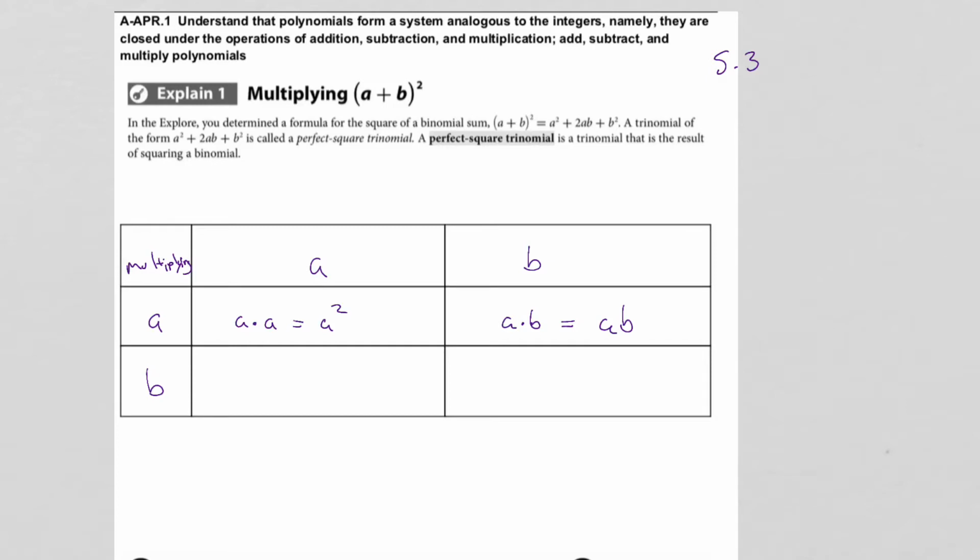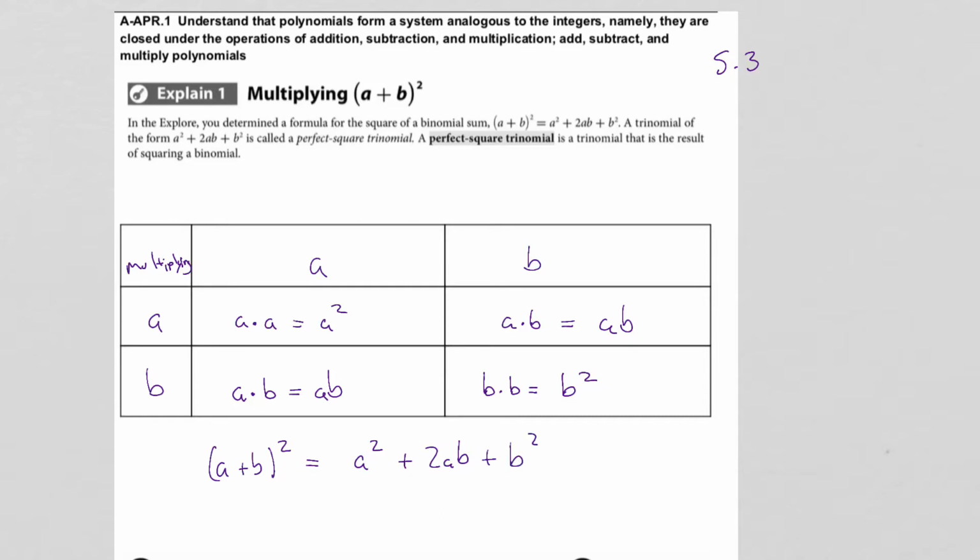This third one, again, is a times b, and that's the term ab. And this last one is b times b, which is b squared. So essentially anything in this (a + b)² format winds up being equal to a² + 2ab + b².